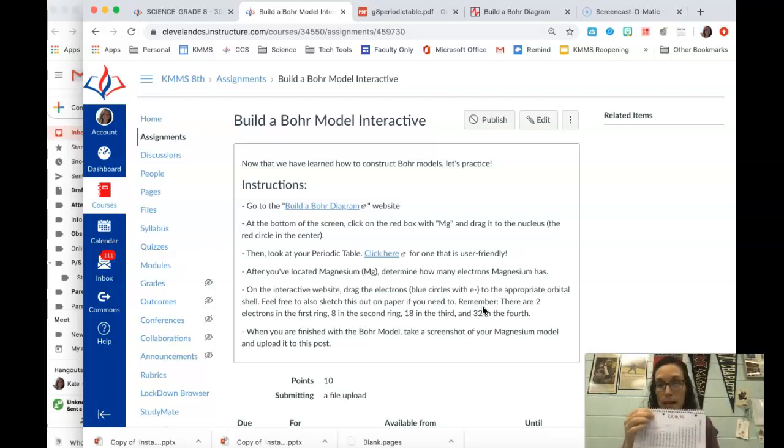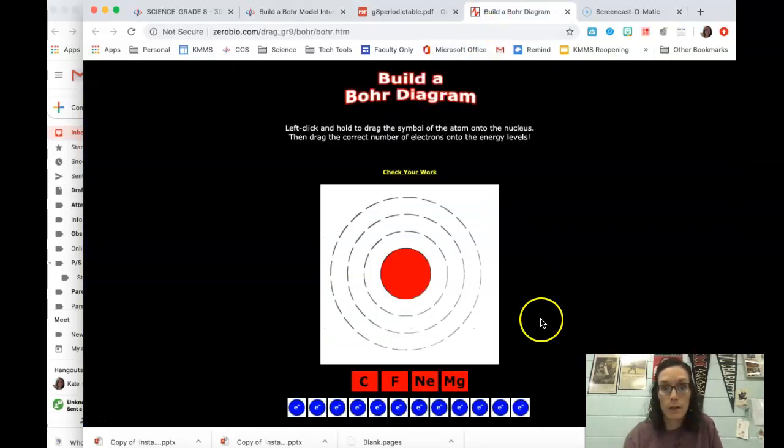You're probably not going to have to go any larger than that as far as doing an interactive or drawing it out at any point. You may have an example larger than that, and you would have to just go around and count the electrons on the orbital shell.